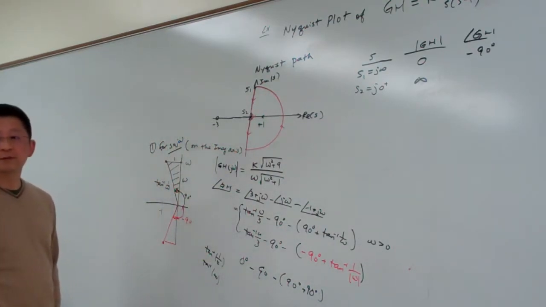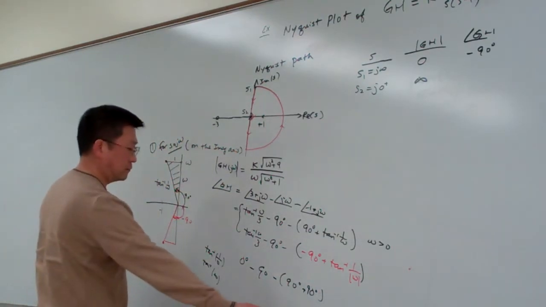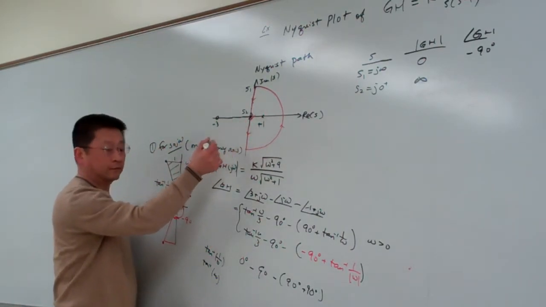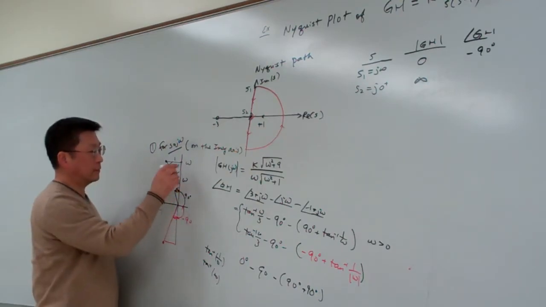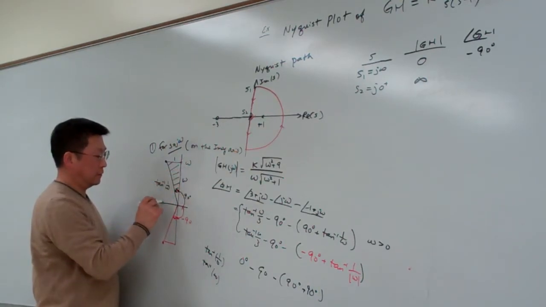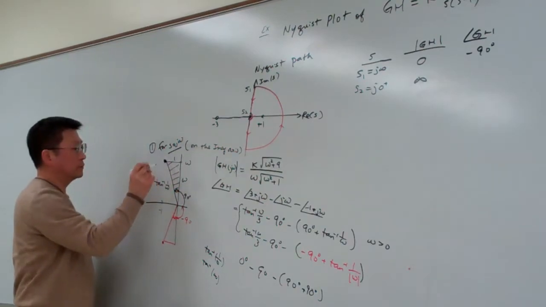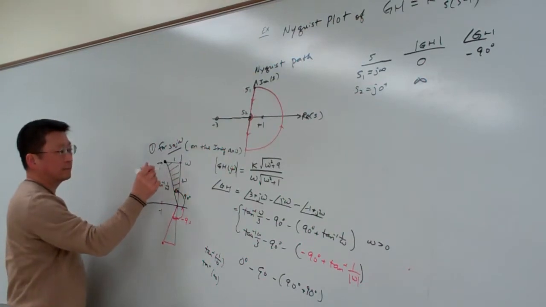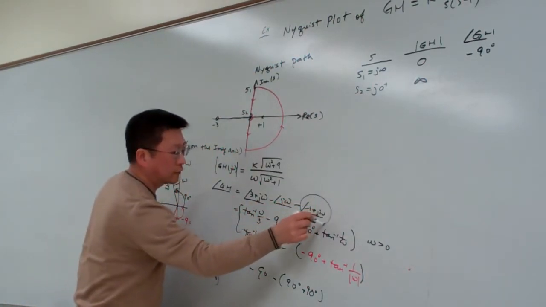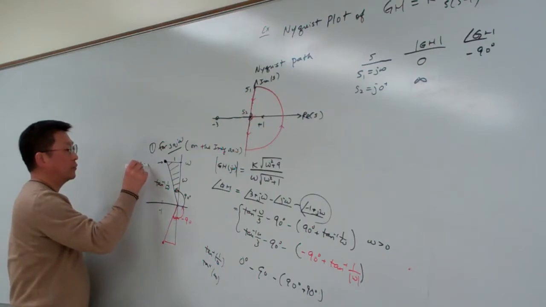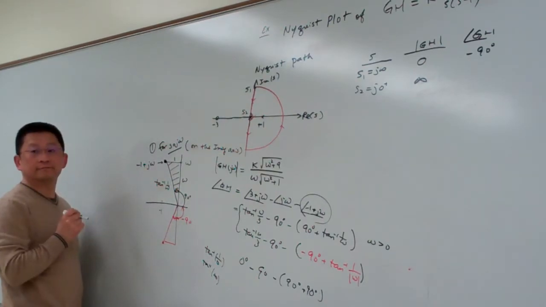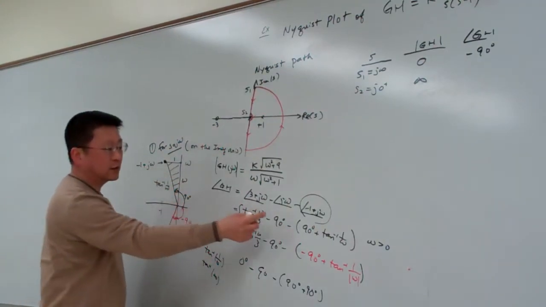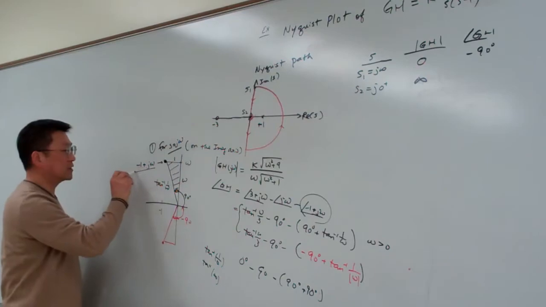In your diagram, is that assuming that the pole is at -1? Say that again? In the diagram to your left, is that assuming that there's a pole at -1? No, for this diagram, I simply want to determine the phase angle for this complex number, minus 1 plus j omega.